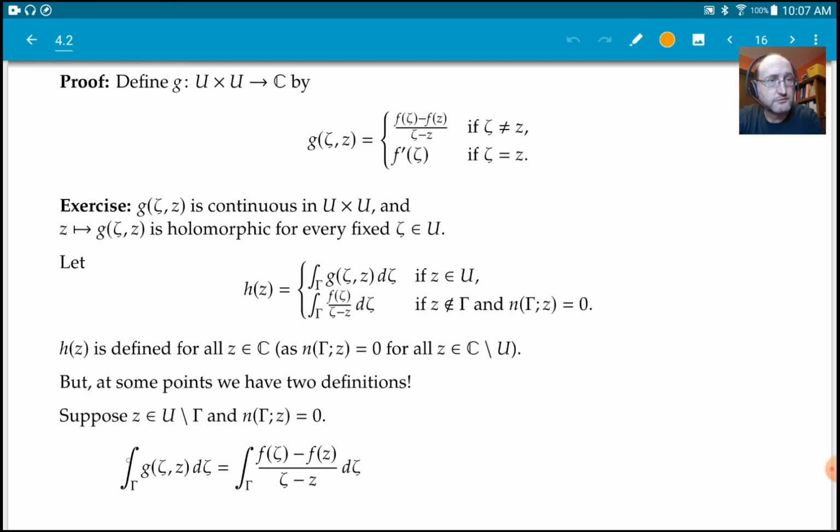Because z is in U, and z is not ever equal to zeta, because zeta is on gamma, right? And whereas z is definitely not on gamma, we have this definition for g.